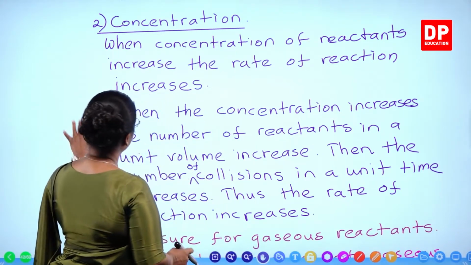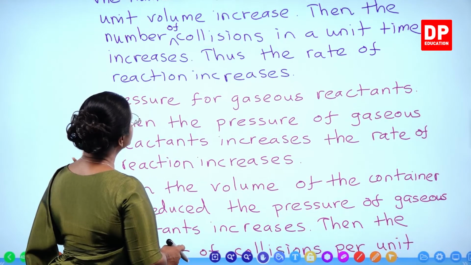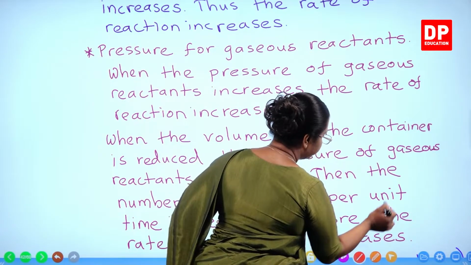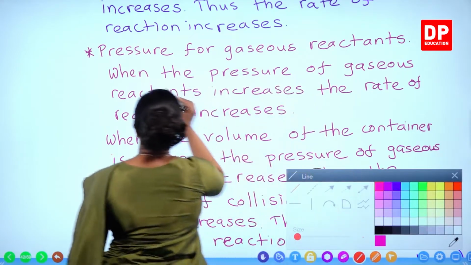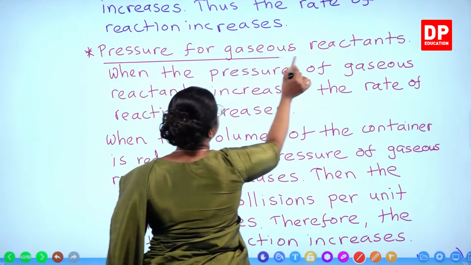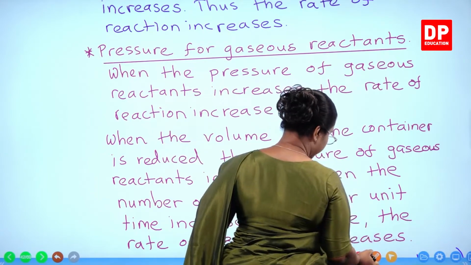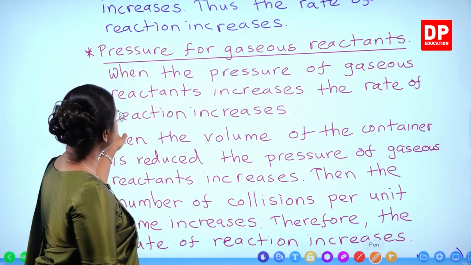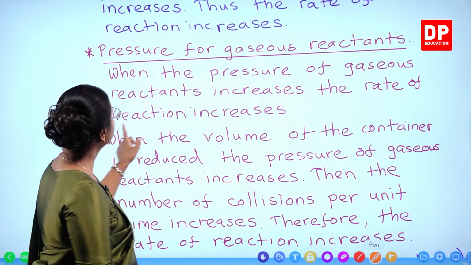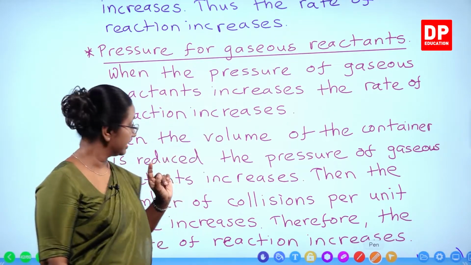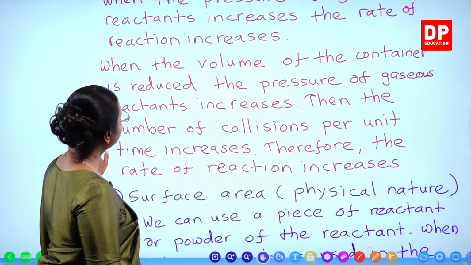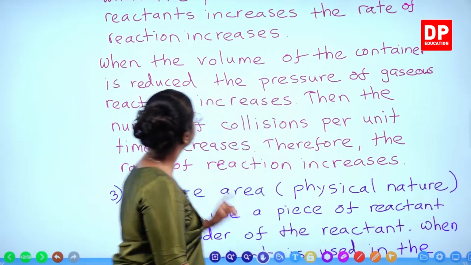For the same factor, if we consider gaseous reactants, then of course we need to consider the pressure. When the pressure of gaseous reactants increases, the rate of reaction increases. And how do we increase the pressure?